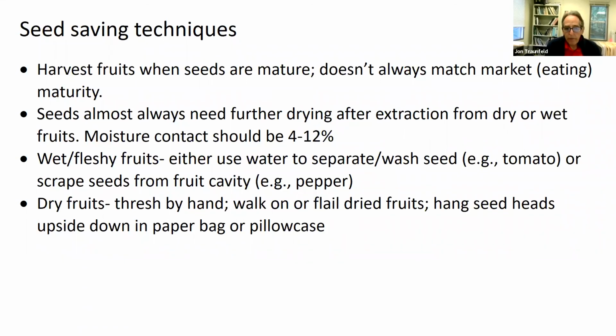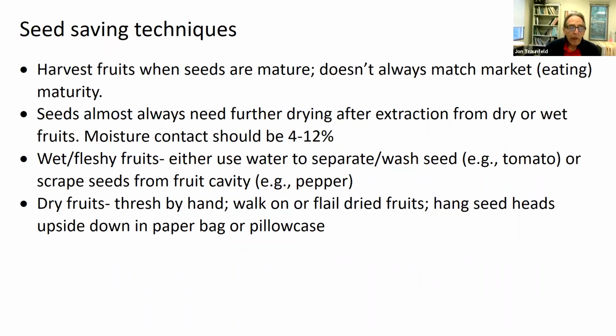Actually winter squash would be an example. Tomato, pepper, as long as they're turning color. Beans would be one that clearly we're waiting until those beans are pretty much dried inside their capsules on the plant. So it's late in the season and the pods are brittle, dried down, and the seeds have become hard.